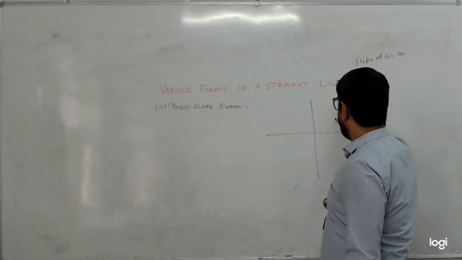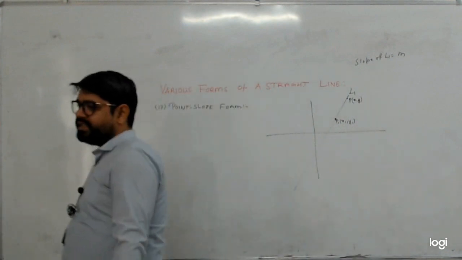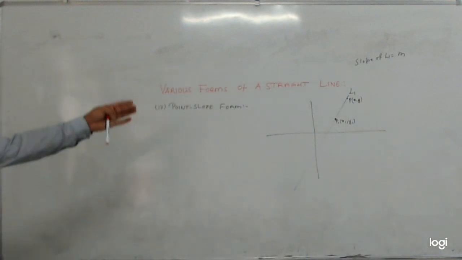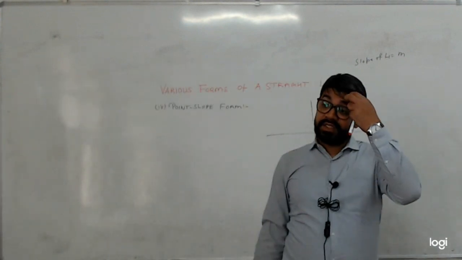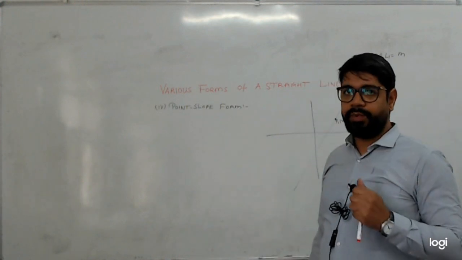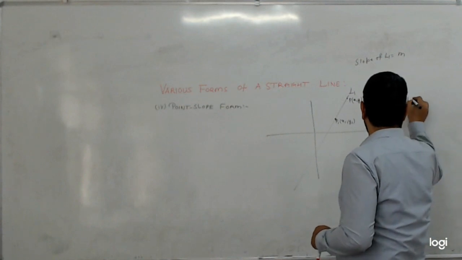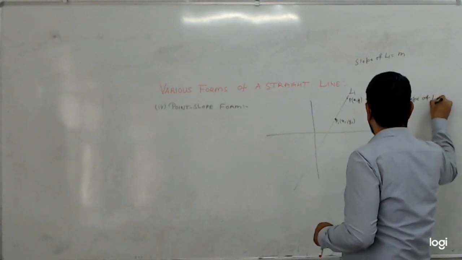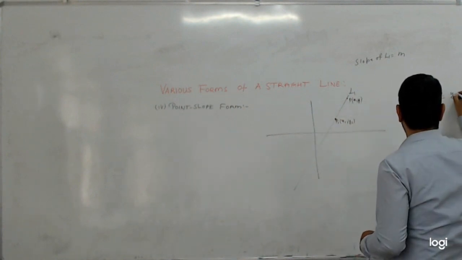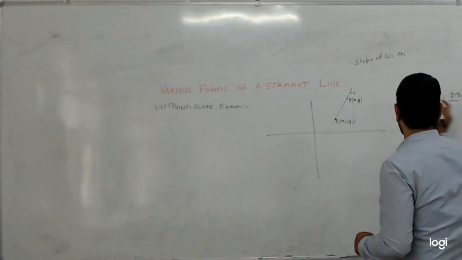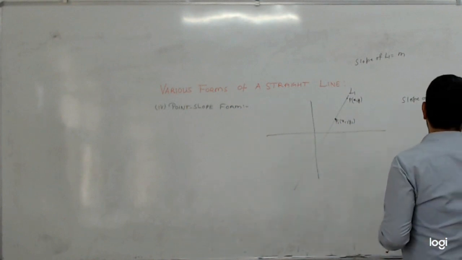Let us consider any arbitrary point P on the line L1 having coordinate x comma y. We have to find just a relation between these x and y coordinates. Now we know that अगर मुझे किसी स्ट्रेट लाइन पर दो पॉइंट गिवन हो तो स्ट्रेट लाइन का स्लोप क्या होता है y2 minus y1 upon x2 minus x1, यानी कि slope of L1 will be equals to, this point P और P1 से निकालूंगा तो y2 minus y1 that is y minus y1 upon x2 minus x1 that is x minus x1, but this slope is given to be m, so this has to be equal to m.